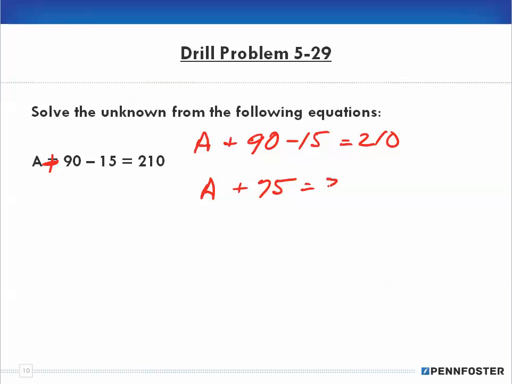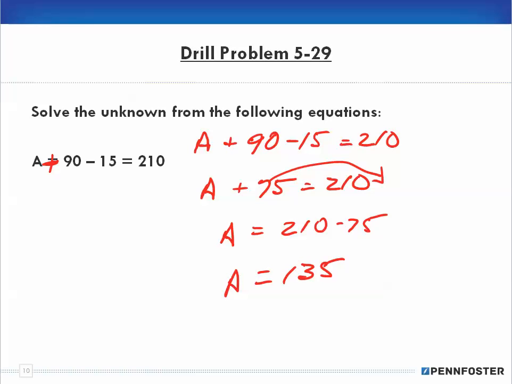And that's going to equal 210. Now, again, I want to isolate the variable on the left, so A, and I'm going to move the plus 75 over and change the sign. And then that means A is going to equal 135.